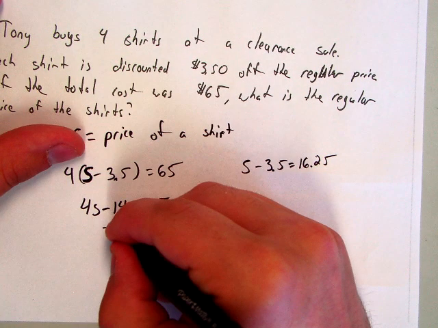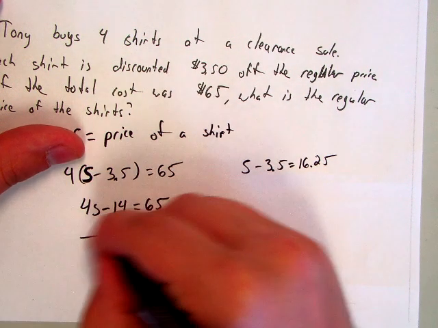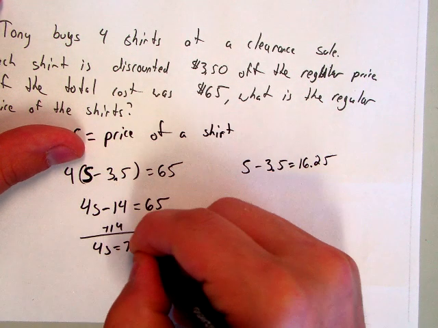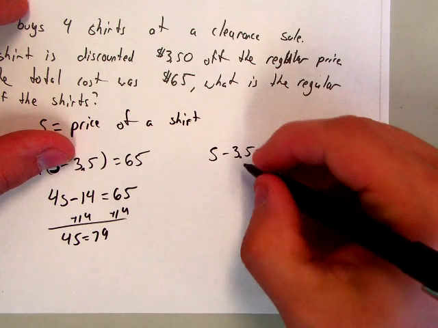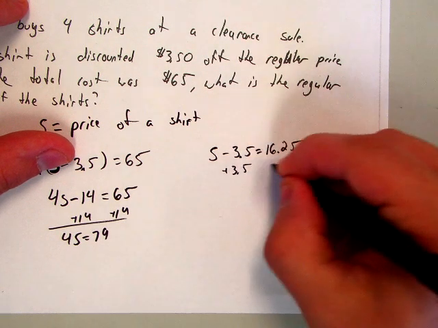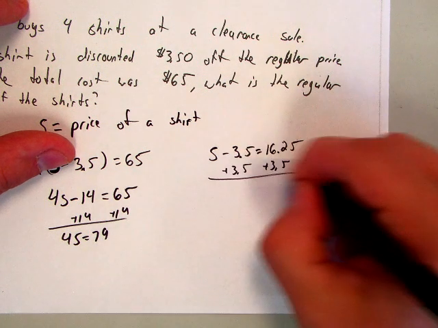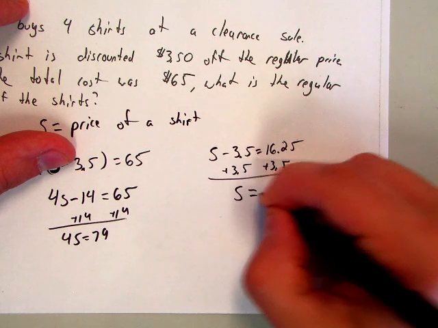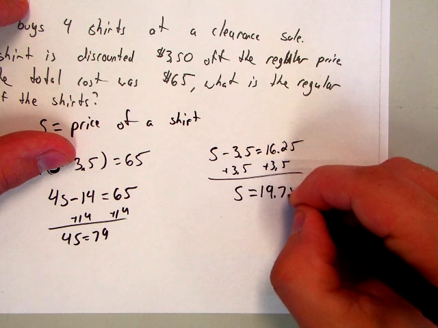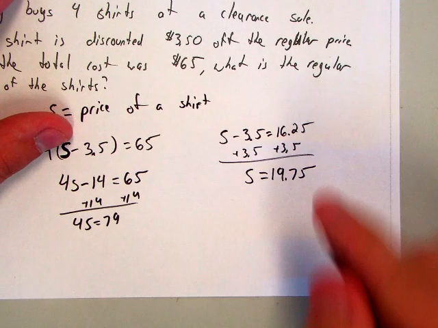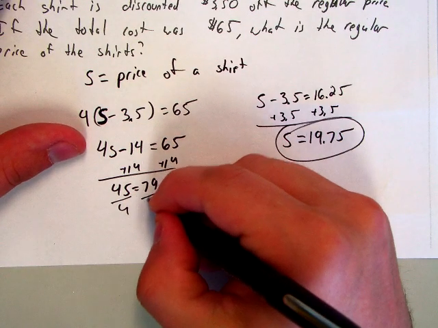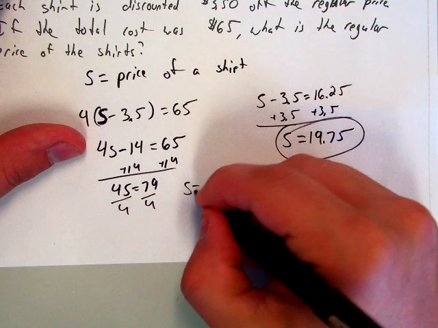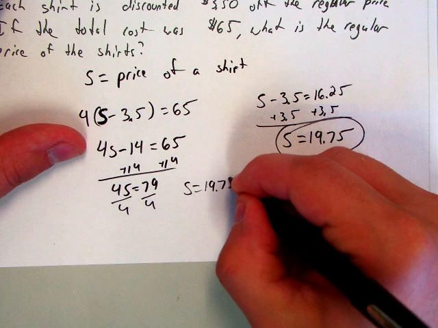You would then add 14 to both sides, so you'd have 4s equals 79. Or if you decided to divide both sides by 4, you would add 3.5 to both sides, and you get s is equal to 19.75. That would be the cost of the shirt. You'd have to divide both sides by 4 here then, so you'd still get 19.75.